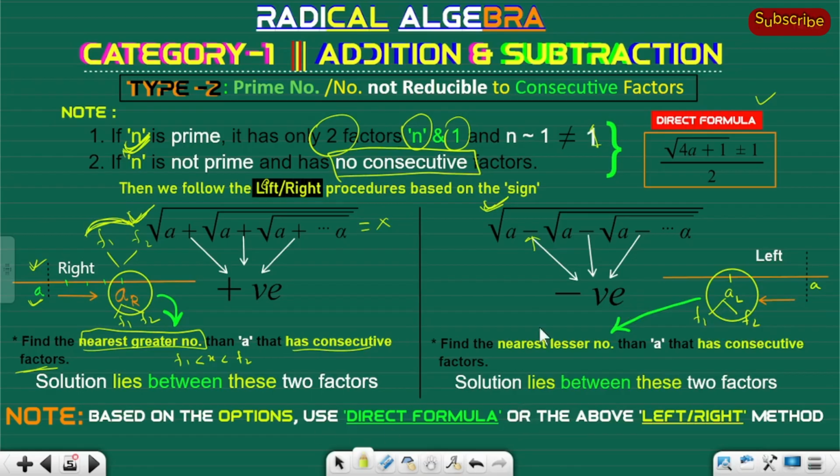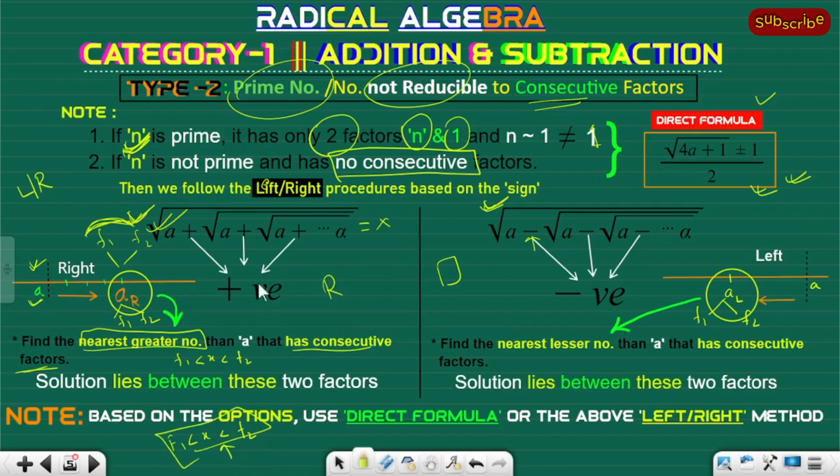Got it? In such a case, for a prime number or a number not reducible to consecutive factors, we have two methods, left or right, or this direct formula. We will use the direct formula if the answer is given as a specific answer. If it is given in a range, suppose here F1 less than X less than F2, if the options are given in such a way, in range, then we will follow this left or right method.